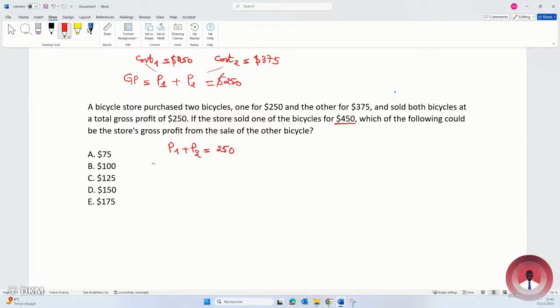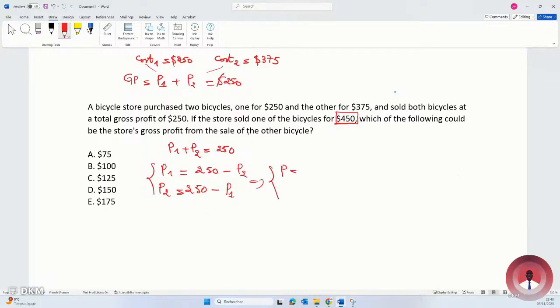If we want to find the profit for the first bicycle, then P1 is going to be equal to 250 minus P2. If we want to find P2, however, it's going to be 250 minus P1. So since we don't know exactly what this value is for, we will try some values and see which one will match the answer choices that we have here.